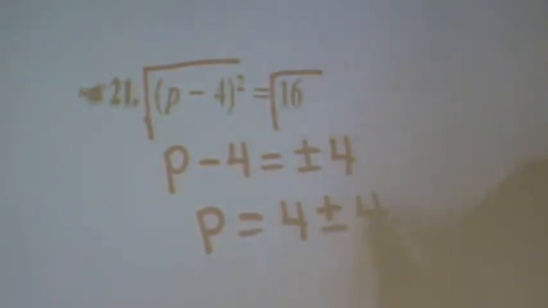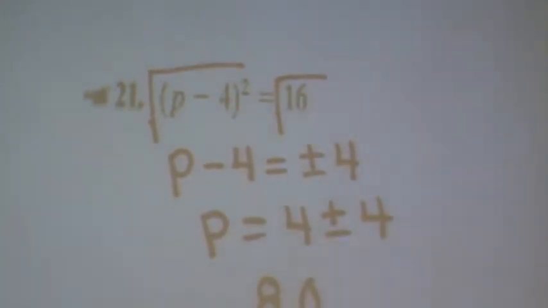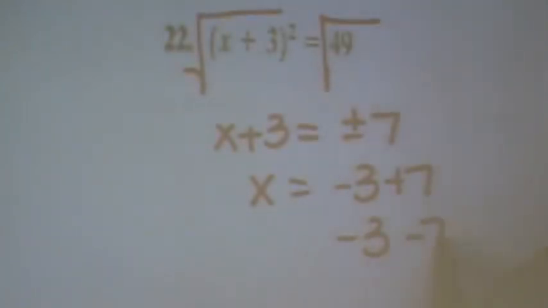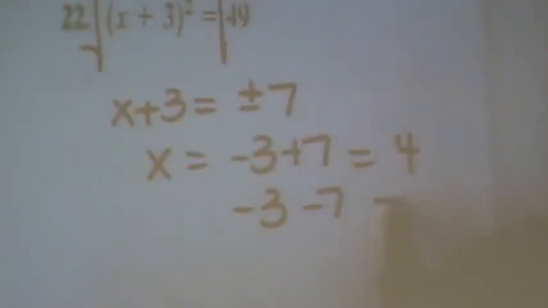Well, what's 4 plus 4? 8, and what's 4 minus 4? Next one, 22. Square root of both sides. X plus 3 is plus or minus 7. It's negative 3 plus 7 and negative 3 minus 7. So 4 and negative 10.